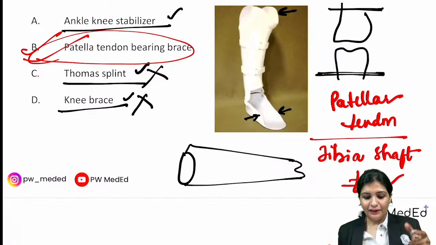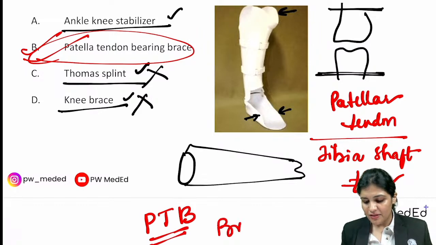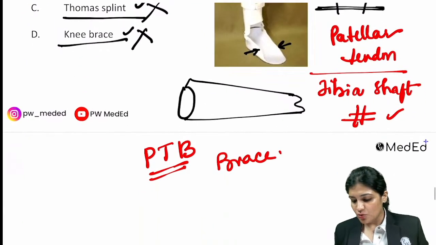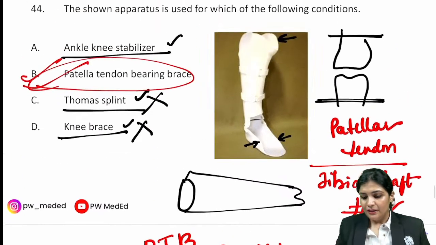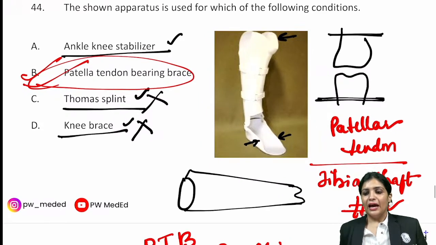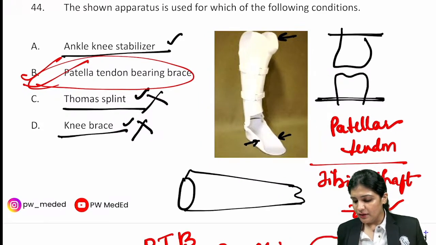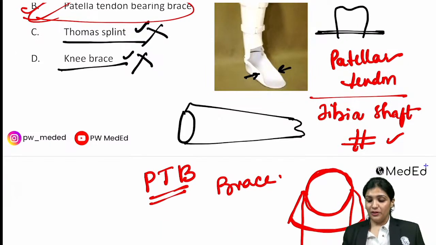So this is the patella tendon brace, which is called the PTB brace, where the knee joint is left free, hence you take the shape of this. If you see, the knee joint will sit on this. The patella is not completely enclosed, and just over it you will get a covering of the patella, and on the posterior aspect you will start a little below the knee joint. Hence you can do the movements of the knee joint.